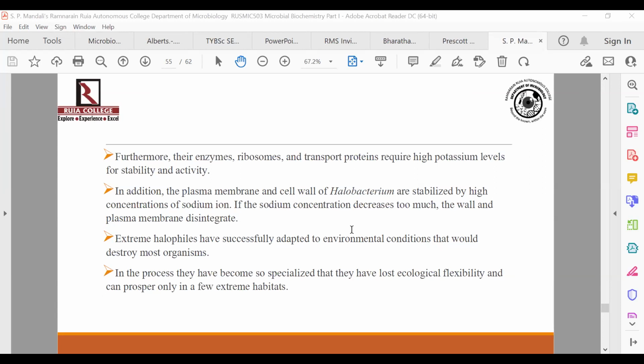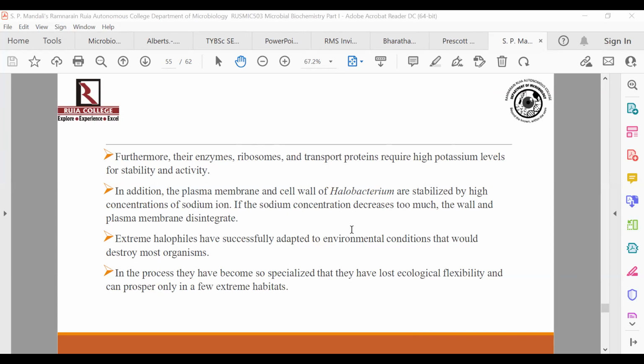But that's not the case with these extreme halophiles, because they have been adapted in such a way that all these components can be stable and retain their activity even in the presence of high potassium levels. In addition, the plasma membrane and the cell wall of Halobacterium themselves contain a lot of sodium ions. Sodium is an integral part of their plasma membrane and cell wall. And if sodium is not present, their cell membrane and cell wall lose their integrity, and it doesn't take much time for them to disintegrate.